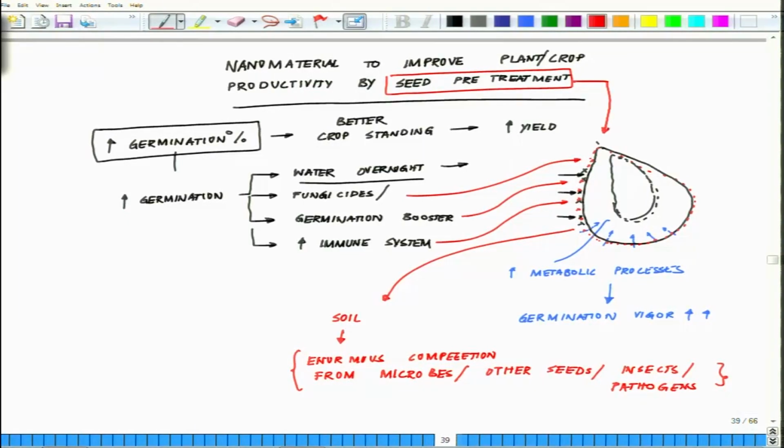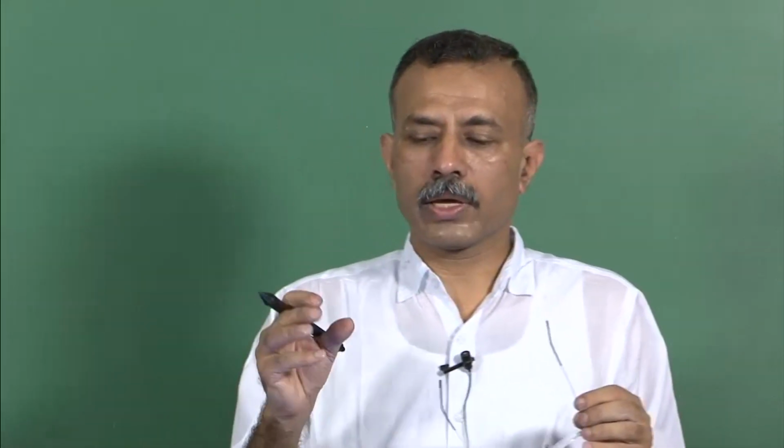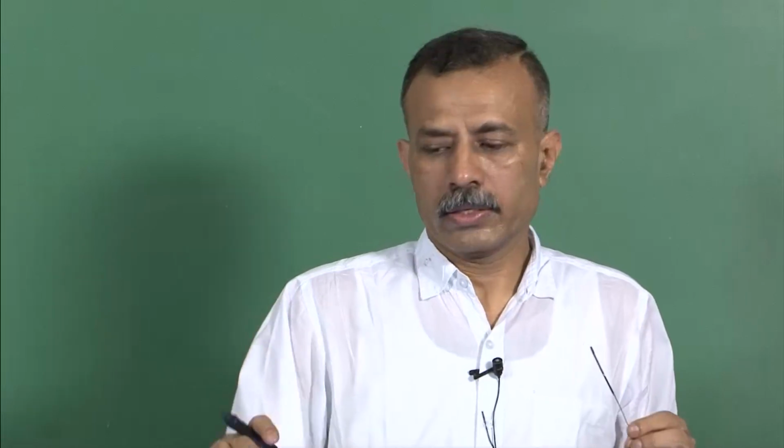Once you are applying it to the seed, whatever you are trying to do has to be overnight stuff, ensuring that these seed pretreatment agents are doing something after coming in contact in that milieu.